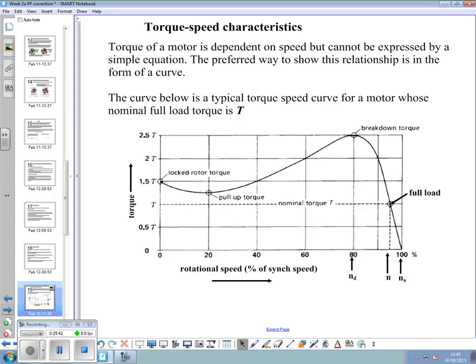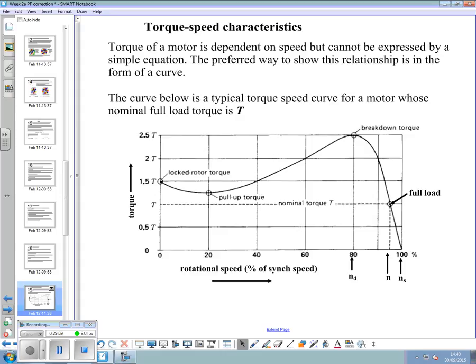Torque and speed characteristics of this type of motor. Torque of the motor is dependent upon speed but cannot be expressed by a simple equation. The preferred way to show this relationship is in the form of a curve.